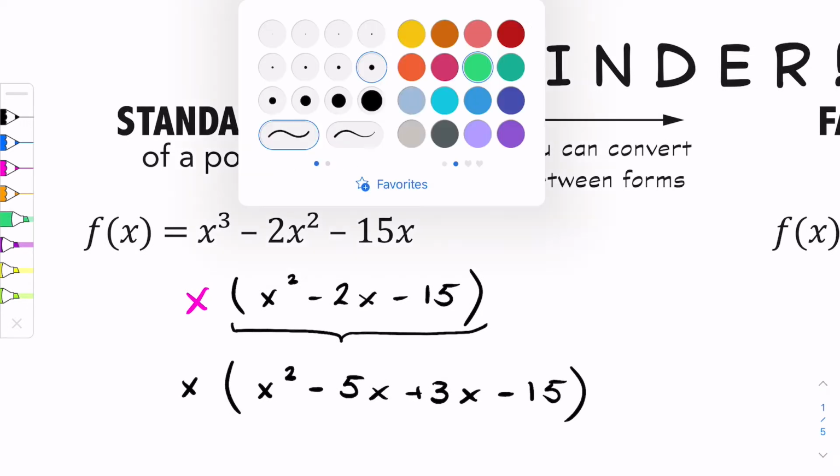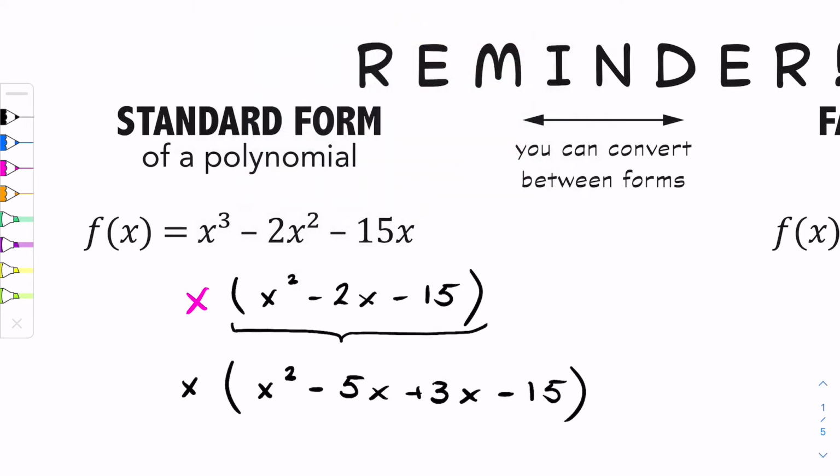At this point, all I did was rewrite negative 2x as negative 5x plus 3x. To factor, I'm going to group the first two terms and the second two terms.